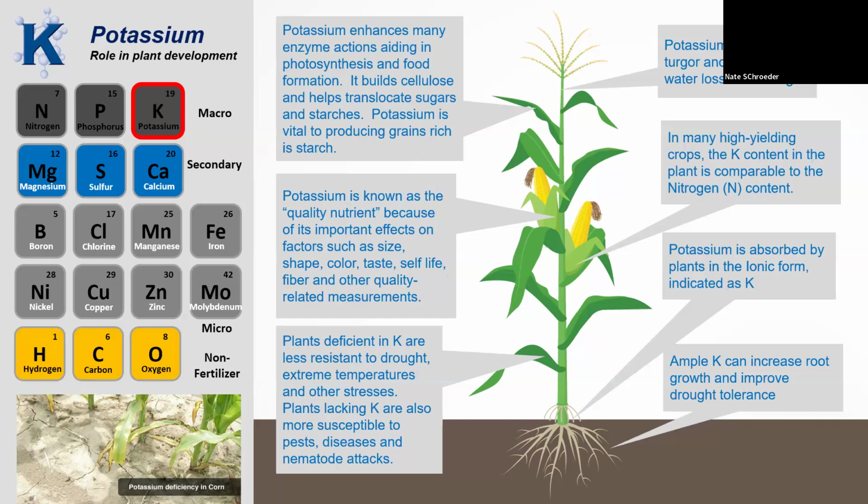Potassium is one of those things where we usually have a soil sample that says we have plenty of parts per million, but I encourage you to look at your base saturation of potassium. We want to get potassium to a level above 3 to 5, maybe 4 to 6, depending on your goals.